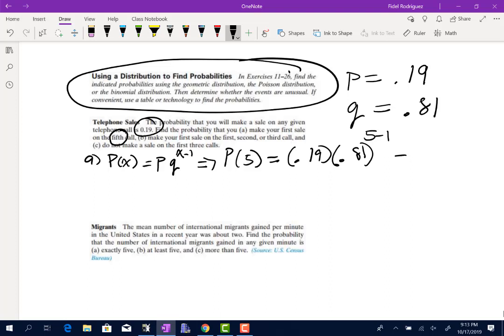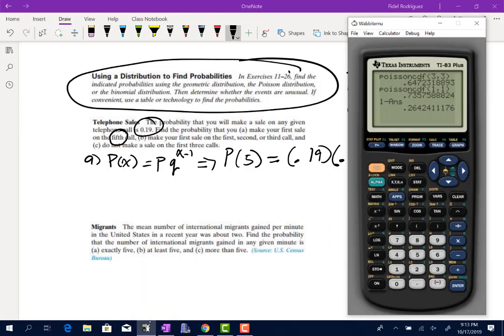So the first thing I'm going to do, guys, is grab my calculator right here. Let me clear that out. Okay, so we said 0.19, close it off, times 0.81 to the exponent of 5 minus 1.